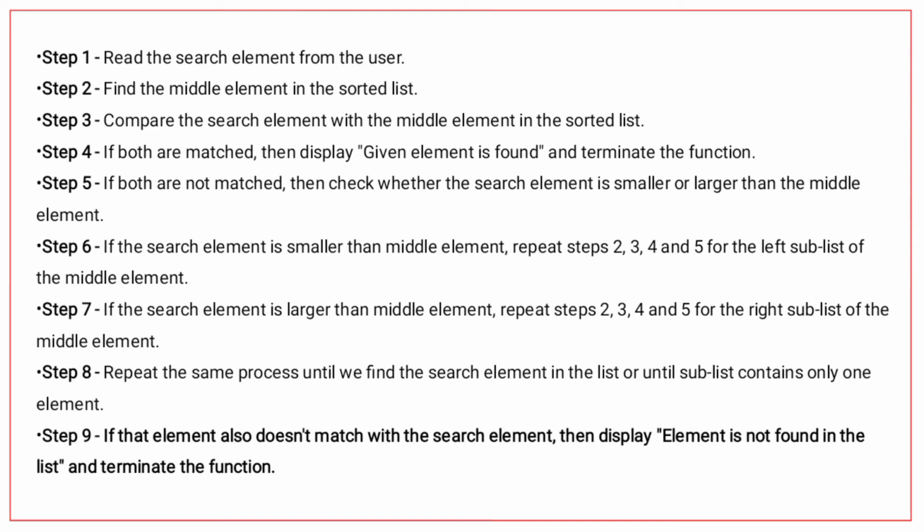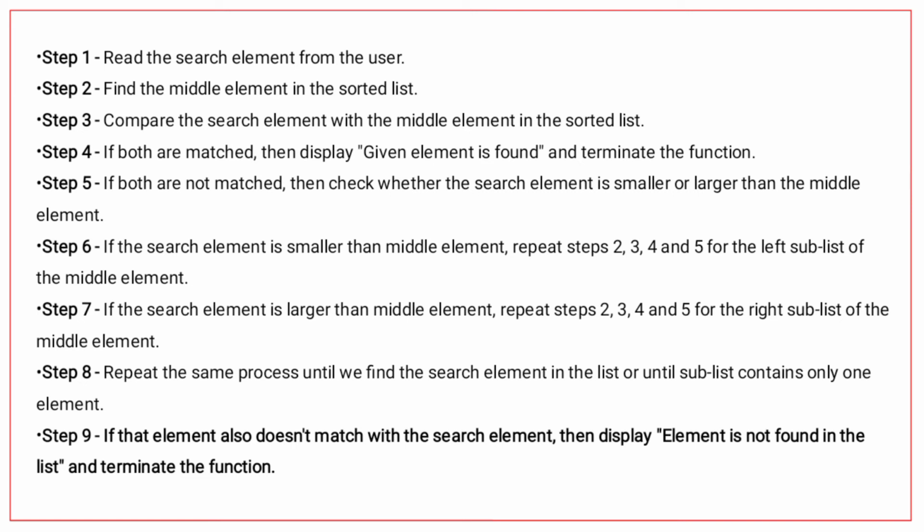We repeat this process until we find the search element in the list or until we are left with a sublist of only one element, and if that element also doesn't match with the search element, then the result is element not found in the list.